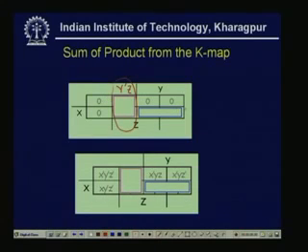For the second row, for this group, obviously x will be there, and for these two, which one will be common, because it is yz and it is yz dash, so y is common, so they reduce to xy. So this type of function reduces to y dash z plus xy. So only by seeing the K-map and by grouping them, I can tell what the function will reduce to.